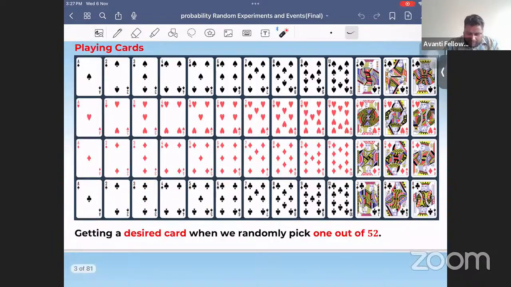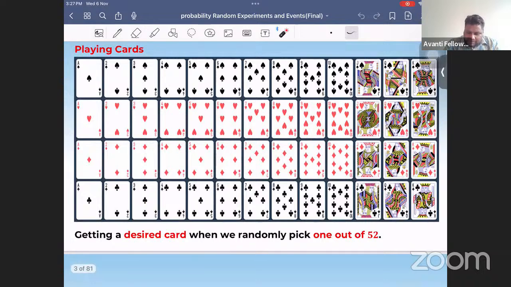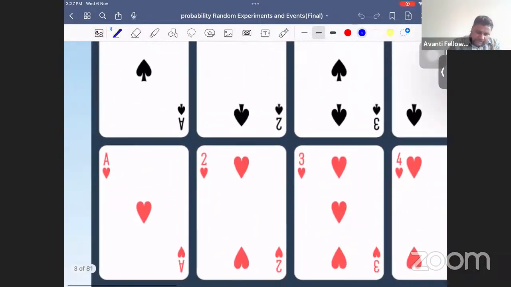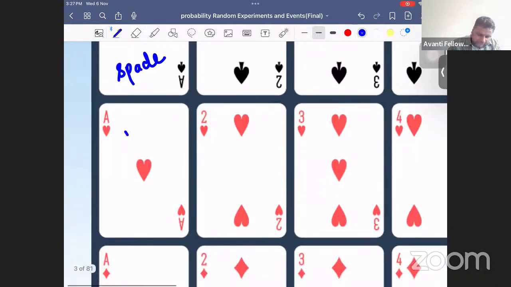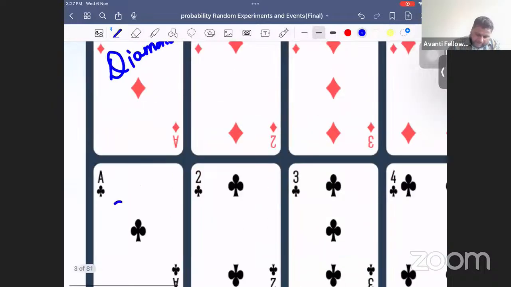Then we have playing cards. Now, first of all, we'll understand what different kinds of cards we have. So here in playing cards, we have four suits. Like this is a suit. This is what we call spade. This is heart. This is diamond. And this is club.